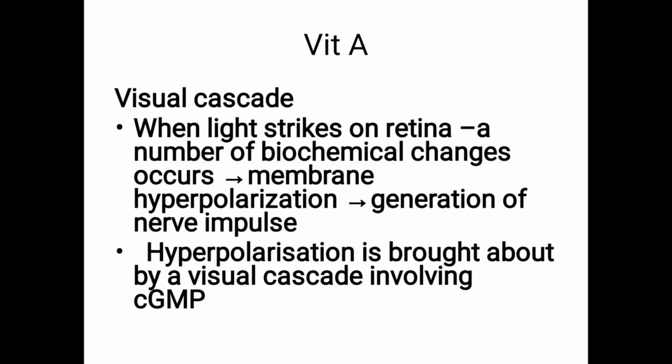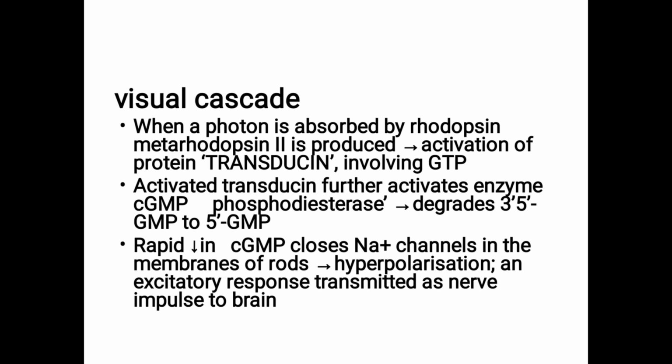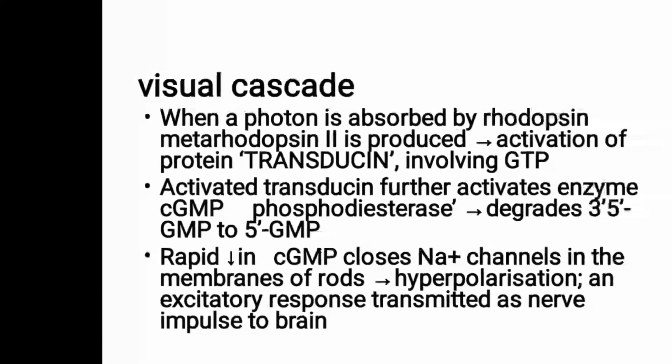So when light strikes the retina, a number of biochemical changes lead to membrane hyperpolarization and the generation of a nerve impulse. Hyperpolarization is brought about by a visual cascade involving cyclic GMP, guanosine monophosphate, which is a second messenger.